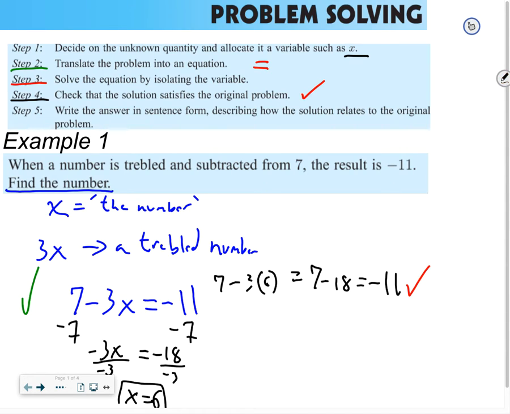So putting it back in the context of the problem, I'm going to say 6 is the number. Since this story problem doesn't really relate to a real life situation, this sentence is fairly simple. Sentence has a punctuation at the end.